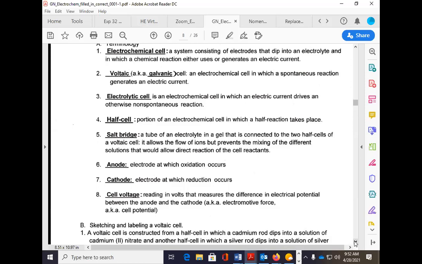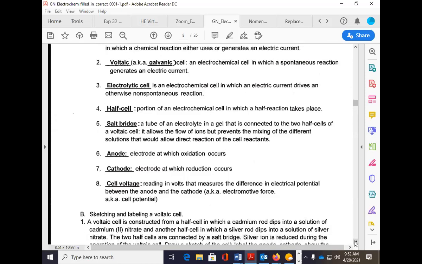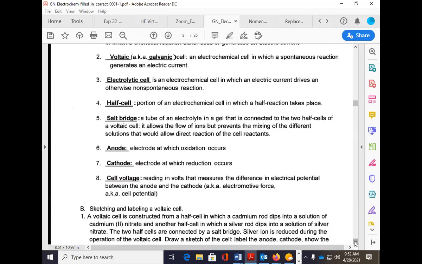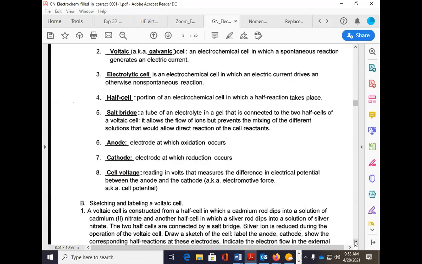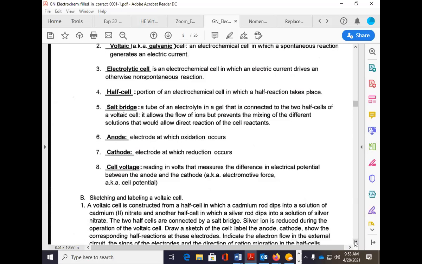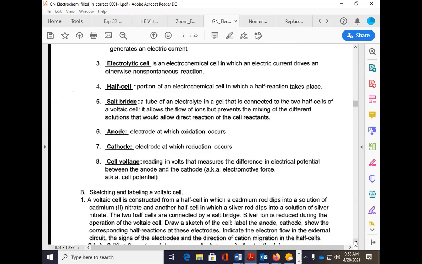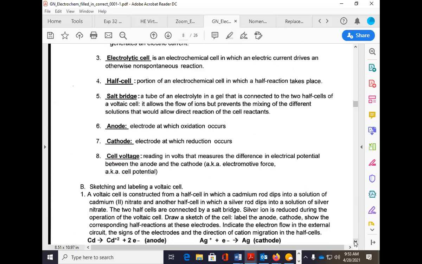You've got silver and silver nitrate. You have a salt bridge. It's telling you the silver ion is reduced, and you're asked to draw the cell, label the anode and cathode, show the corresponding half reactions of these electrodes, indicate the electron flow in the external circuit, the signs of the electrodes, the junction of the cation, and so on.